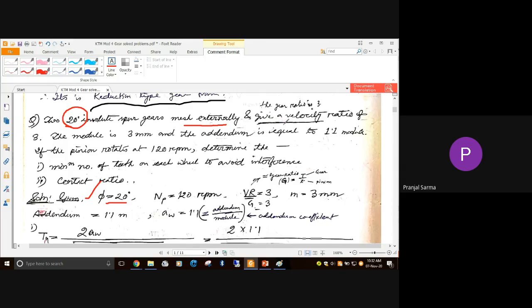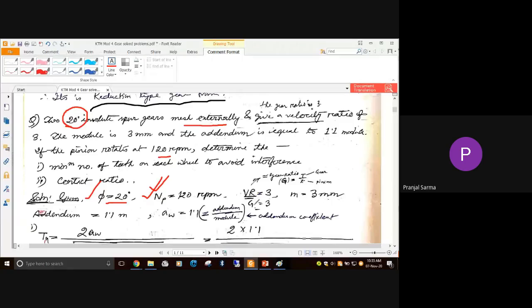It is giving a velocity ratio or gear ratio of 3, and the module is 3 mm and the addendum is equal to 1.1 times the module. If the pinion rotates at 120 rpm, that means N_p, p for pinion, is 120 rpm.